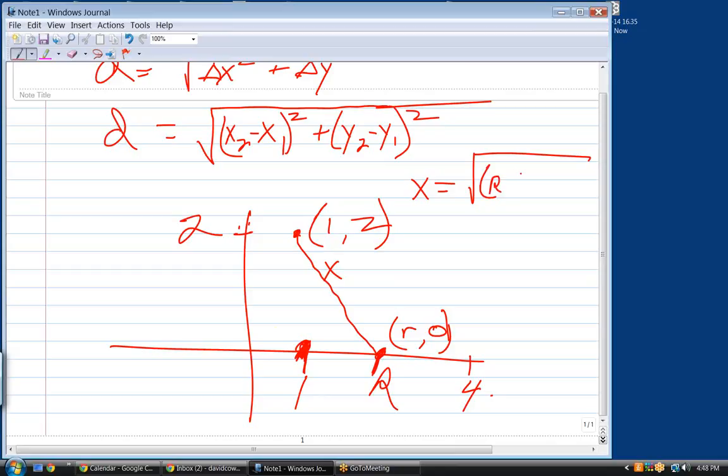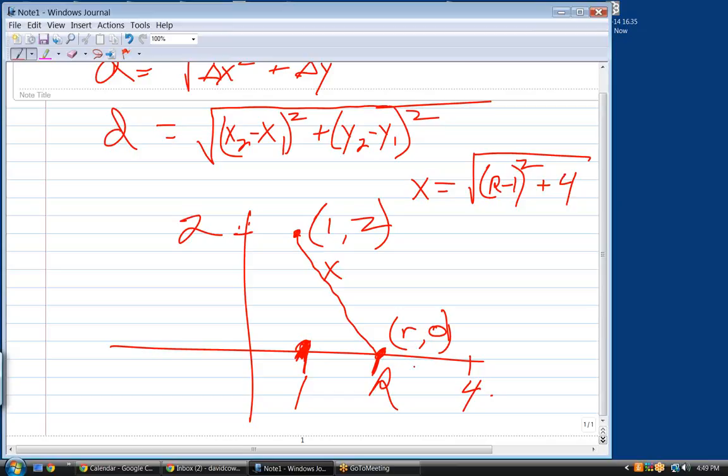What's the difference in the Y coordinates? Minus 2. 2 squared, 4. Awesome. Okay, so that's how far he rides through the field.